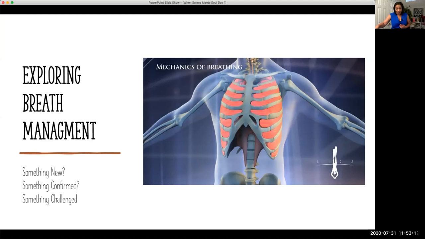If science says the top of the diaphragm is sitting right behind the bottom of my sternum and running alongside my ribs.